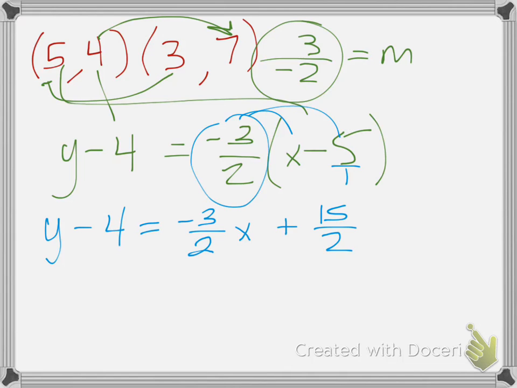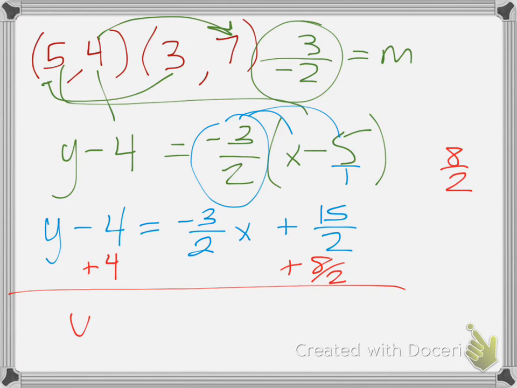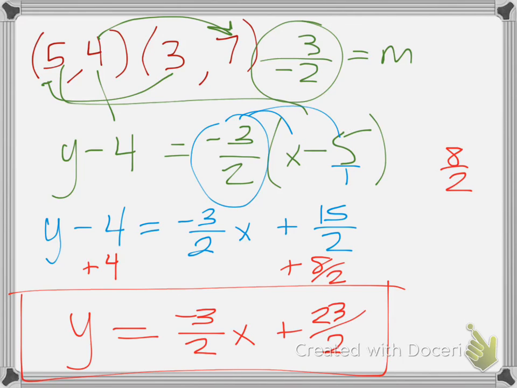Now, I'm one step away from having this in slope-intercept form by adding 4. 4 equals 8/2, right? So I'm going to add 8/2 instead of saying add 4, which is the same thing. It just makes it a little easier to combine. 15 plus 8 is 23, and keep the halves. So there's my equation in slope-intercept form. And that's using point-slope form.